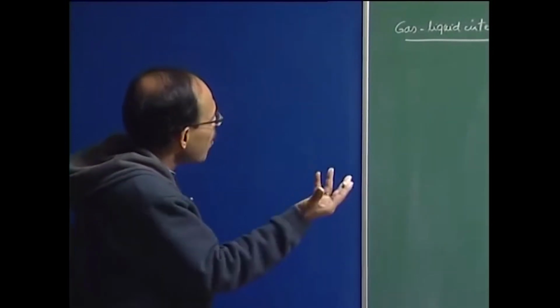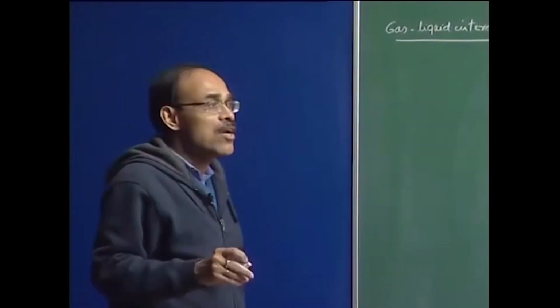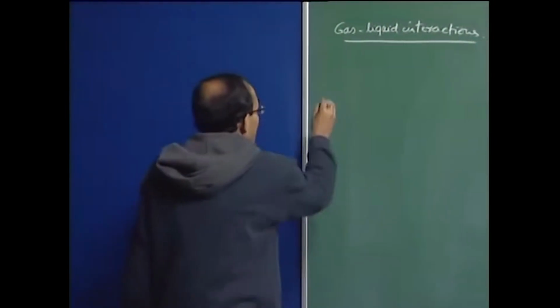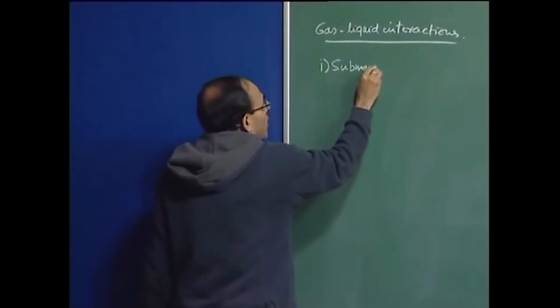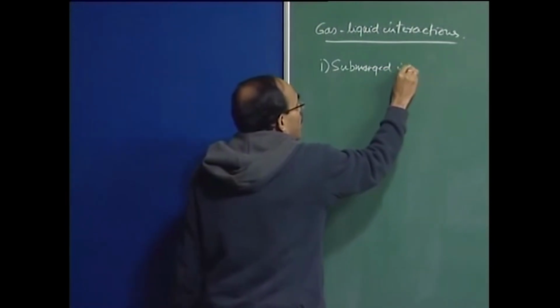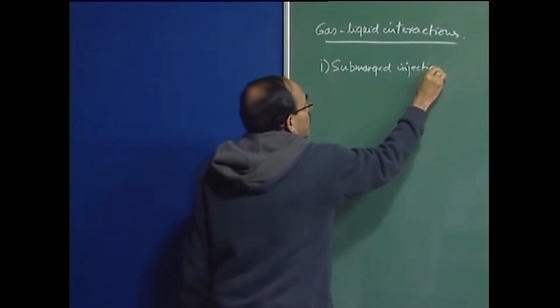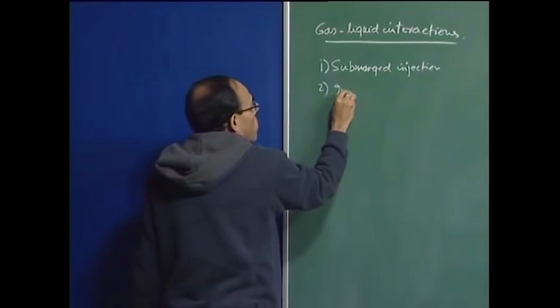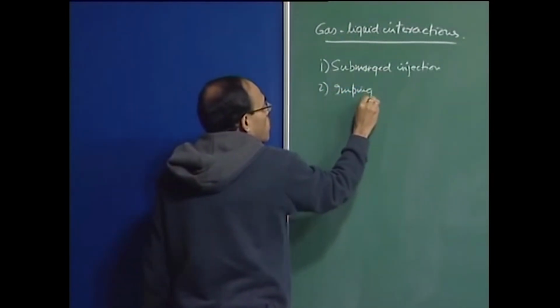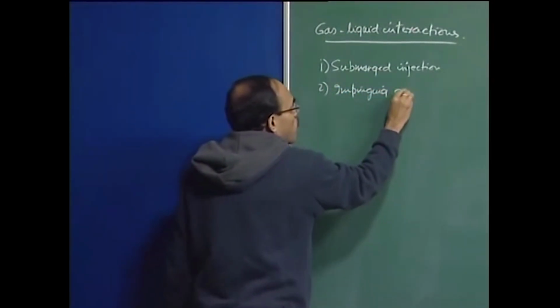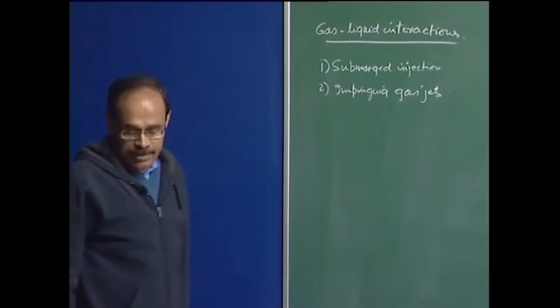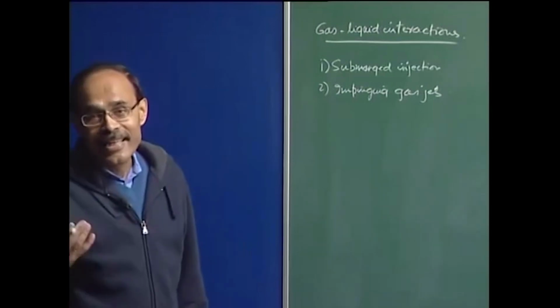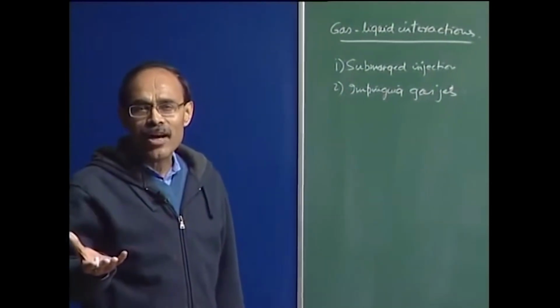Now, we encounter two different modes of gas injection. One is the submerged injection, and the other is impinging. Submerged gas injection is encountered in ladles and in oxygen steel making converters.